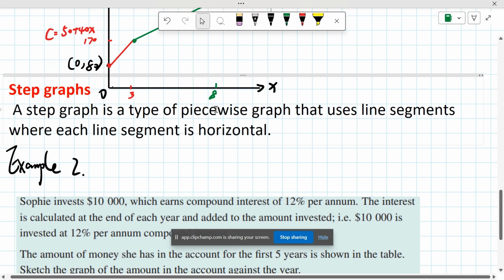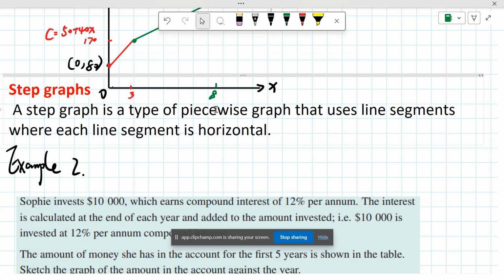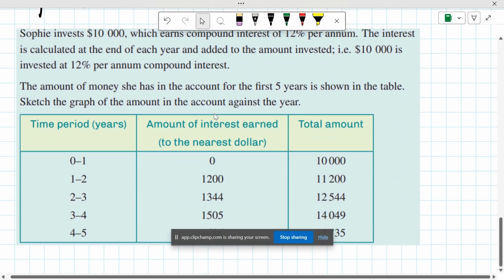The step graph is a type of piecewise graph using line segments, where each line is horizontal. So we could use that in our next question. Here is an example, and we're going to do step lines.